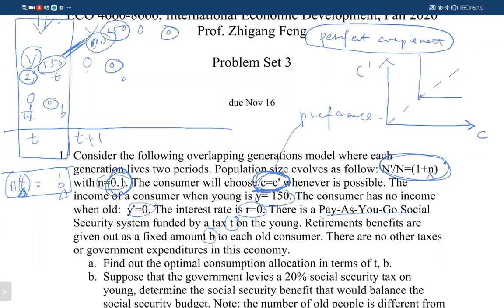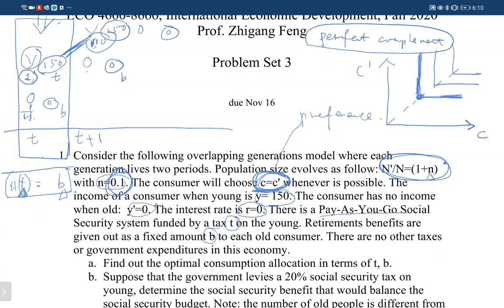If we have the same quantity of C versus C prime, whether you increase C along this dimension or you increase C prime, it won't change your utility, right? The way you change your utility is you move to a higher pair.